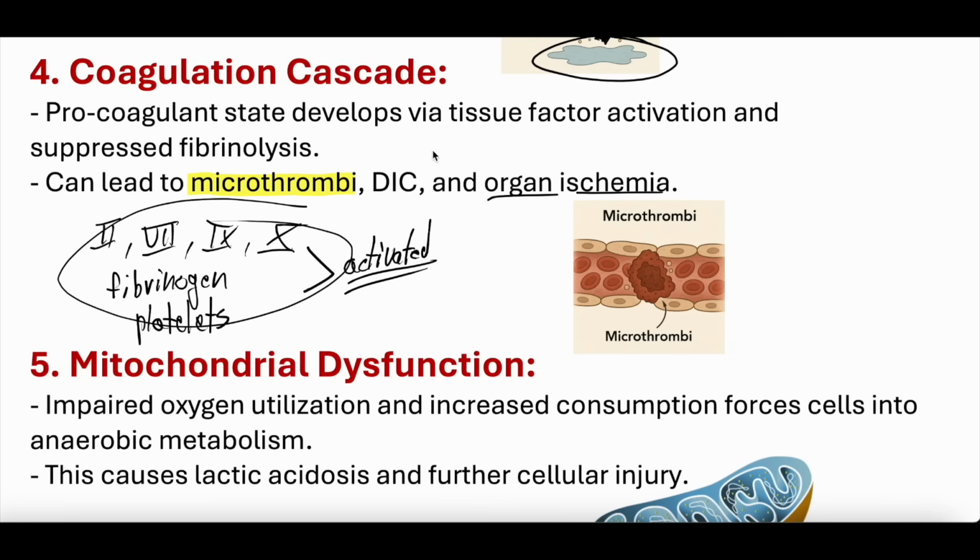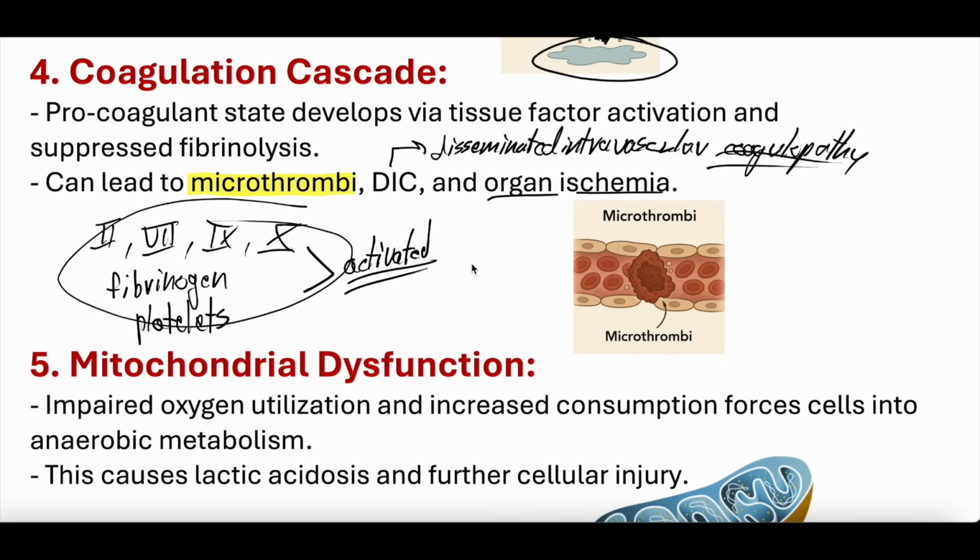There's also an additional entity called DIC, or disseminated intravascular coagulopathy. This doesn't occur in everyone, but sepsis is a risk factor among a number of other things. You can get these microthrombi that form in your small blood vessels, which can lead to additional organ injury.